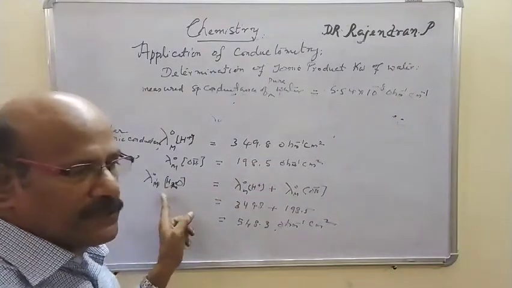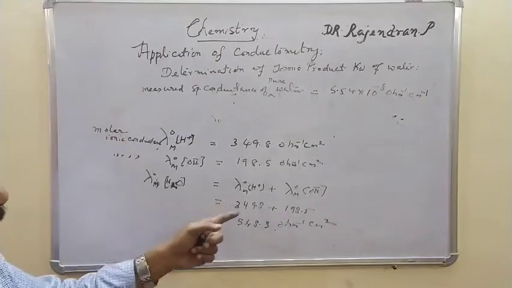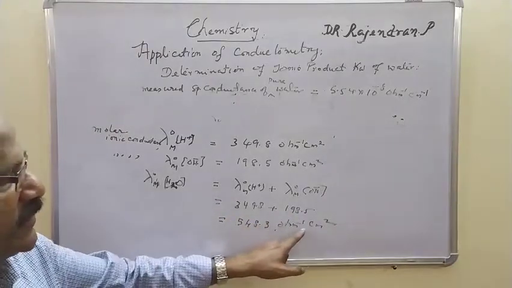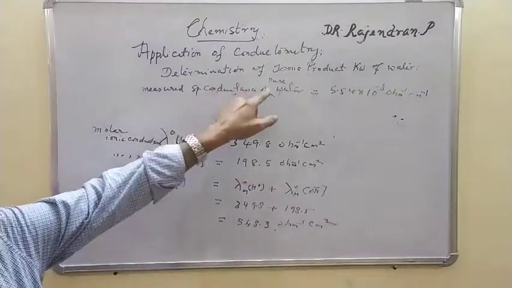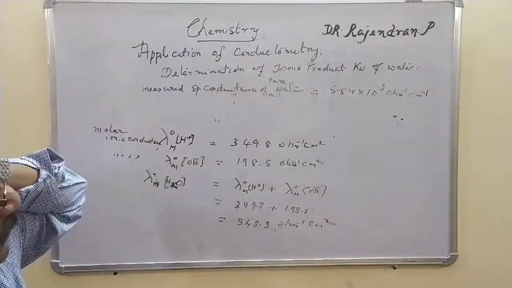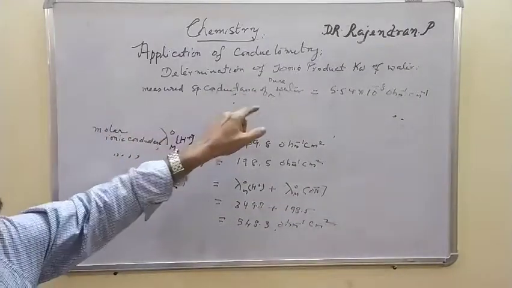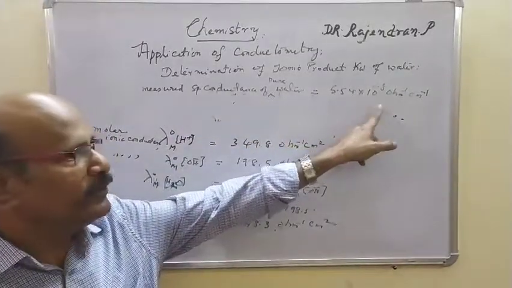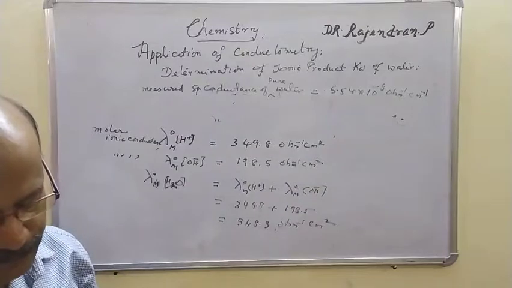Therefore, the molar conductance of the water molecule, when adding these two according to Kohlrausch's law, is 548.3 ohm inverse centimeter square, and the experimentally measured specific conductivity of pure water is 5.54 into 10 raised to minus 8 ohm inverse centimeter raised to minus 1.